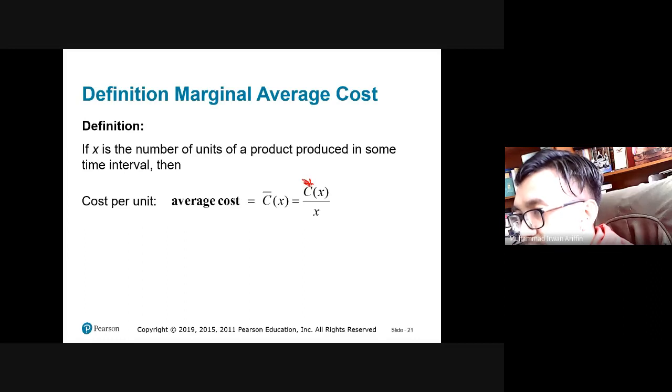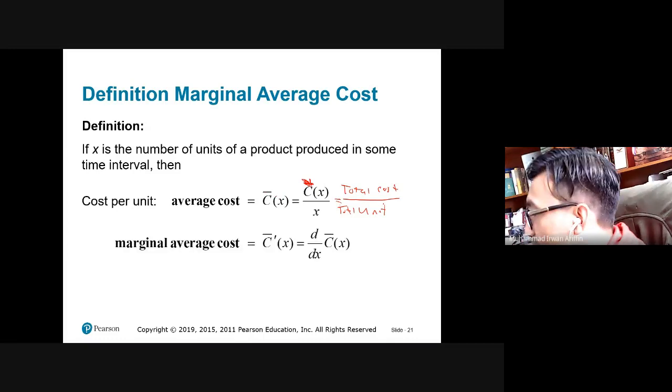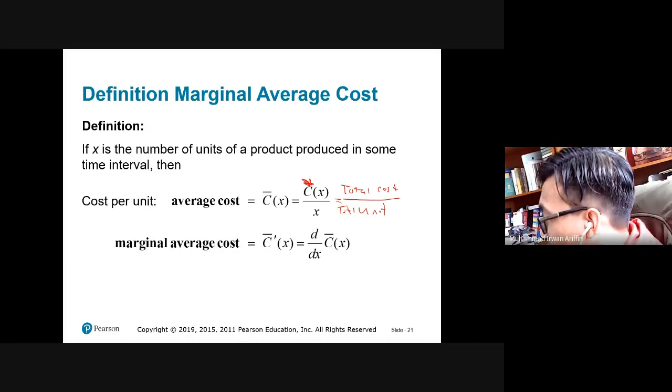This is total cost divided by total units, where x is our total unit. And we always use the bar sign, this is what we call C bar.